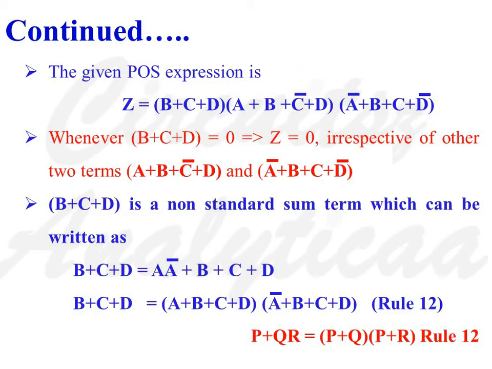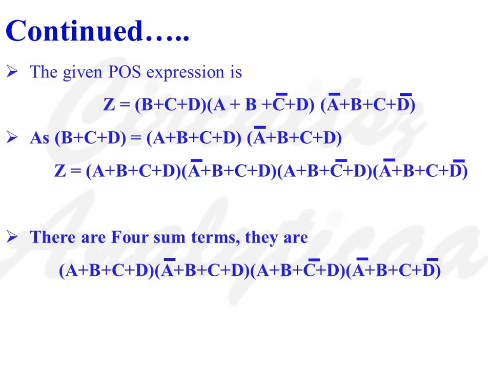This is an application of rule number 12 in Boolean algebra. So the given function Z can be expanded as Z is equal to A plus B plus C plus D into A bar plus B plus C plus D into A plus B plus C bar plus D into A bar plus B plus C plus D bar.